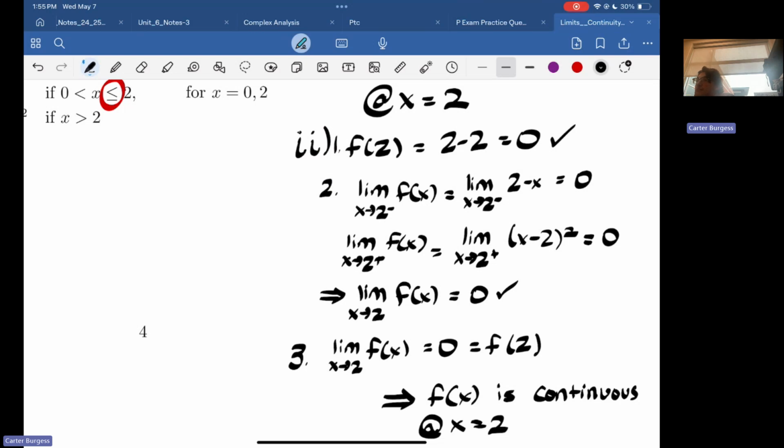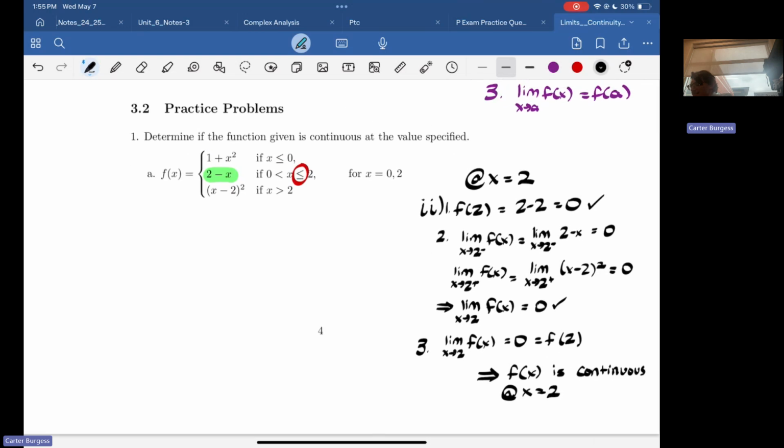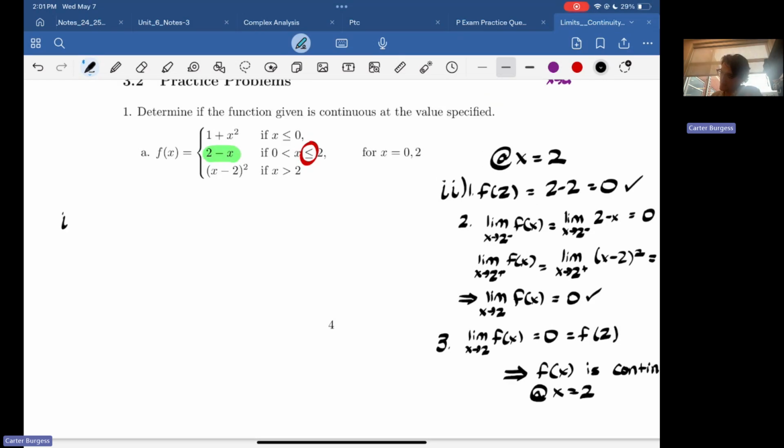Just kind of have to remember to show the things. All right, try it for 0. So at x equals 0, what's the first thing that we want to demonstrate?